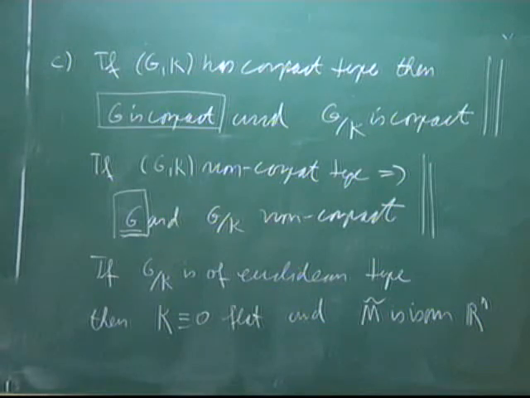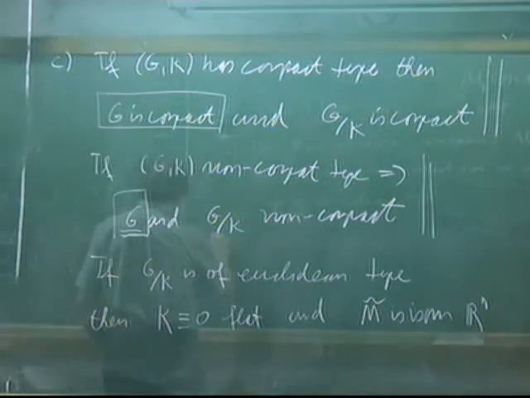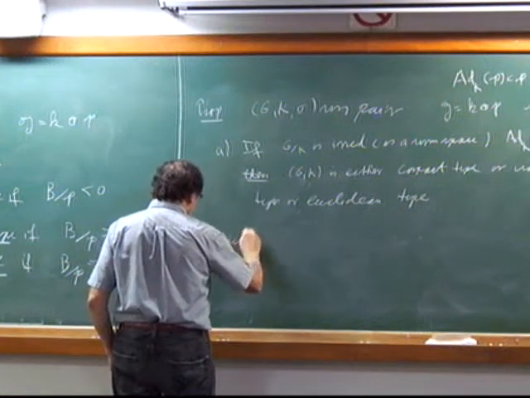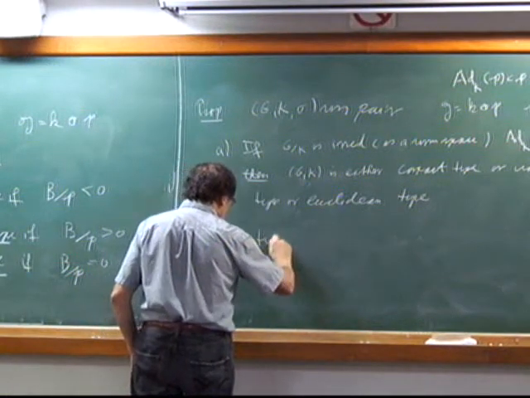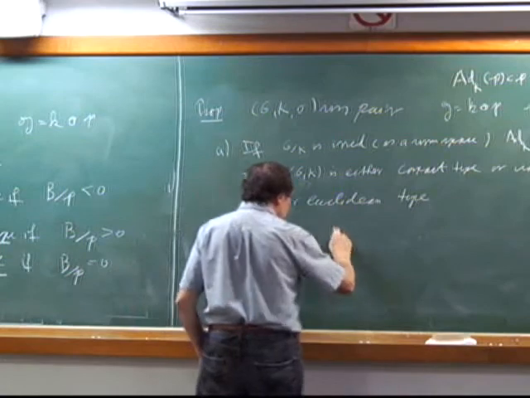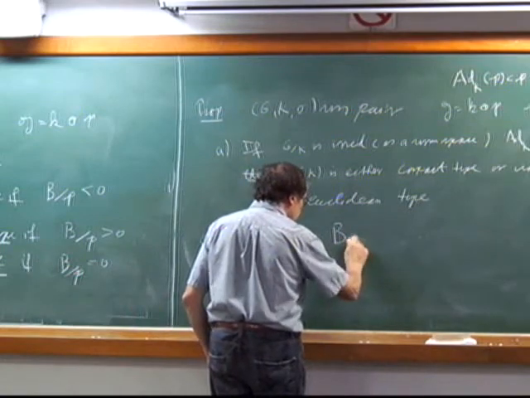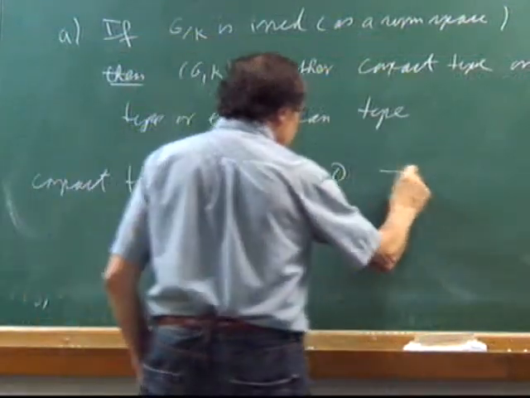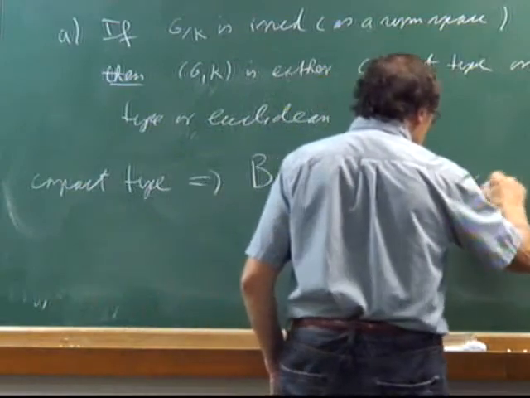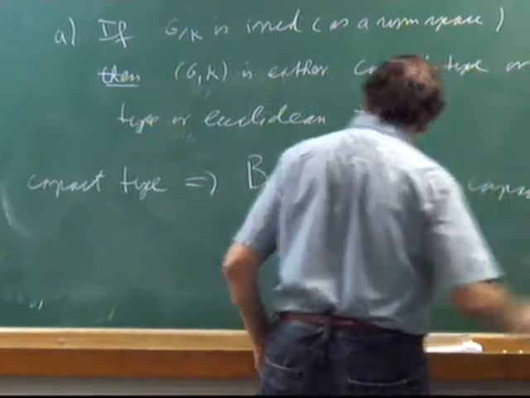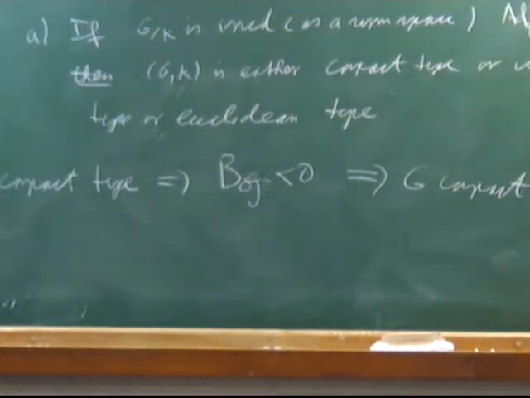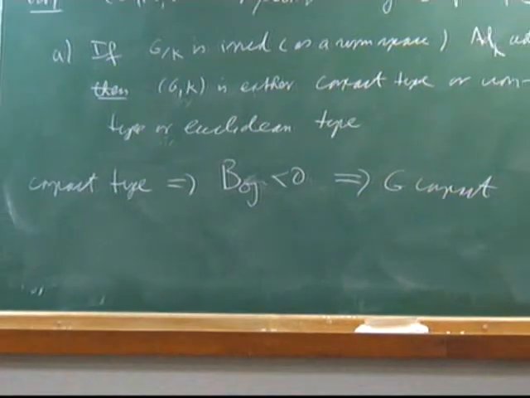So I'm going to show that compact type implies the Killing form is negative definite on the Lie algebra of G, which then by our previous theory, which we did earlier in the semester, implies G compact. Right? A Lie group where the Killing form is negative definite is a compact Lie group.